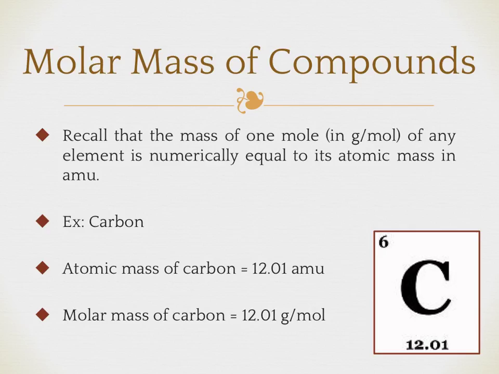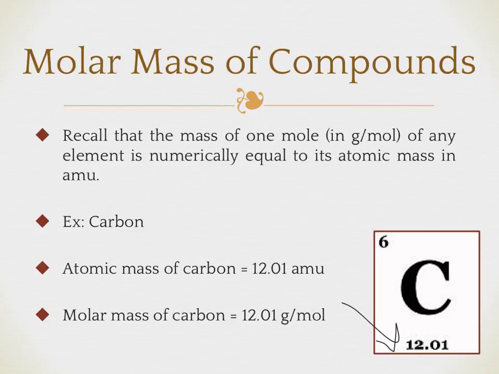Alright, so let's talk about molar mass of compounds. Before we go anywhere though, we should probably review what molar mass is in general. So recall that the mass of 1 mole in grams per mole of any element is numerically equal to its atomic mass in atomic mass units. So for example, carbon. The atomic mass of carbon is 12.01, as you can see here on the periodic table square.